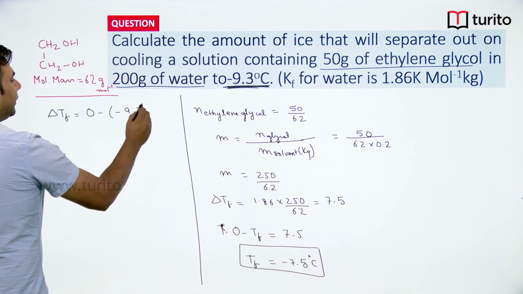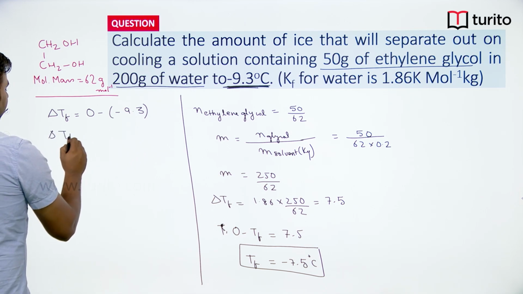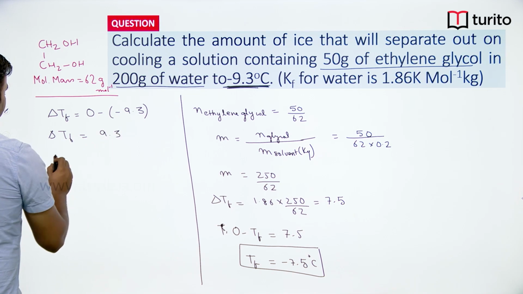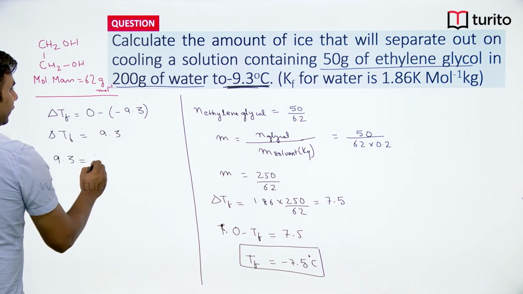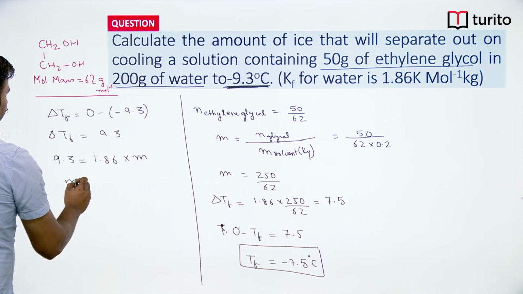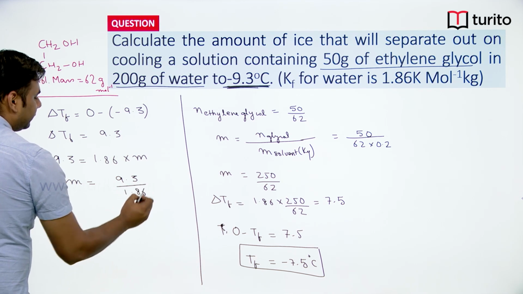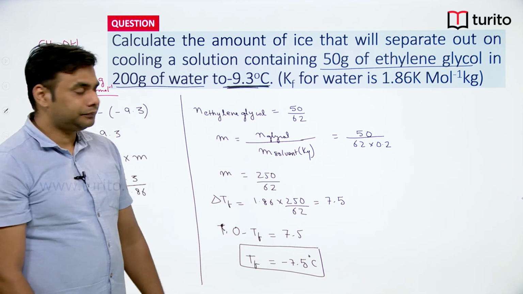Now we have taken the temperature to minus 9.3, so the depression in freezing point would become 9.3. This would be equal to Kf, which is 1.86, into m. So we'll get the value of molality, which is 9.3 upon 1.86. Hope this is clear to you.